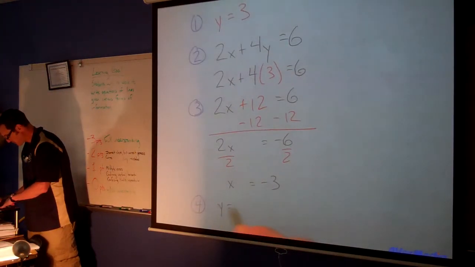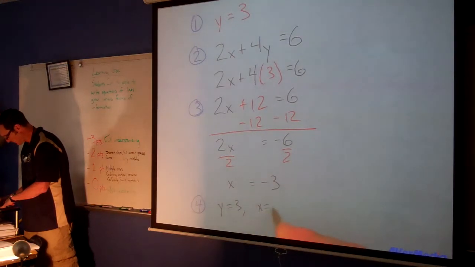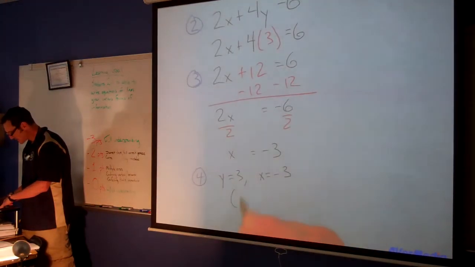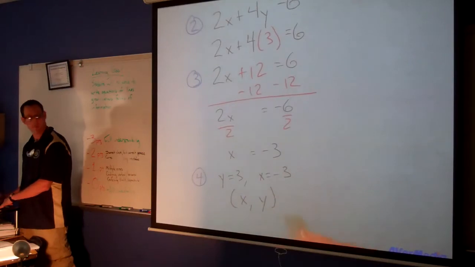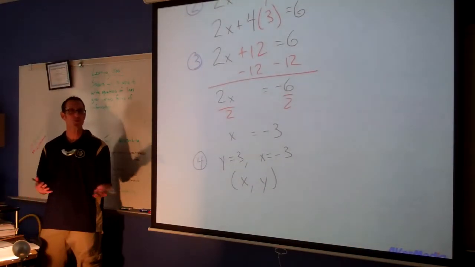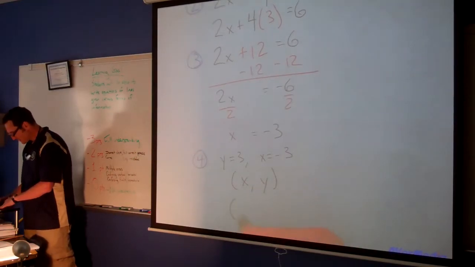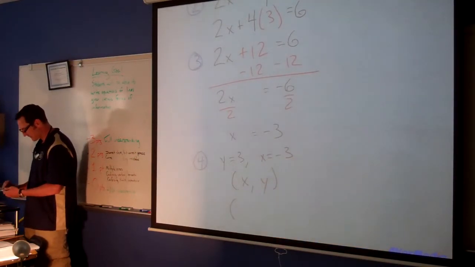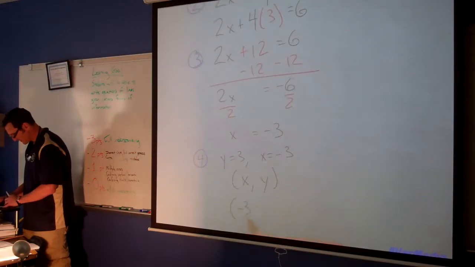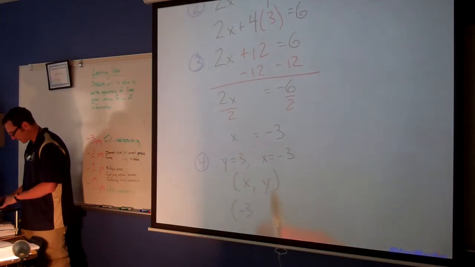But we need to list that as an ordered pair. Remembering that ordered pairs work x comma y. So we can easily do that with x as negative 3 and y as positive 3.